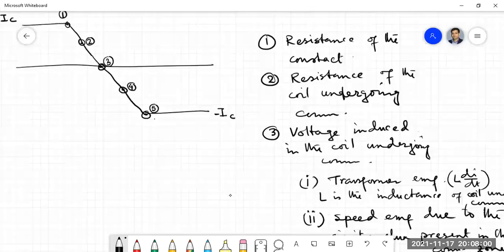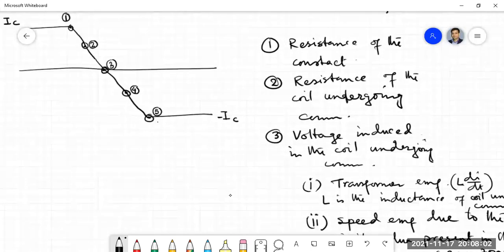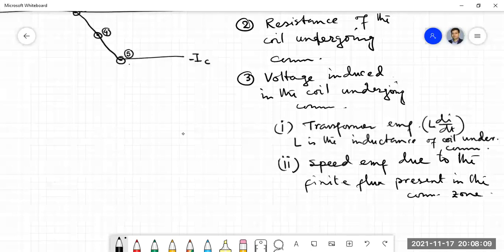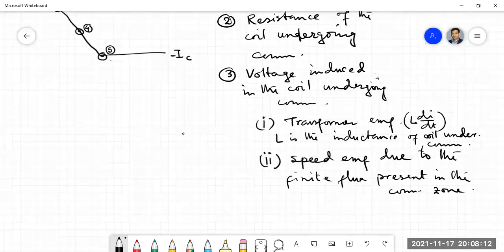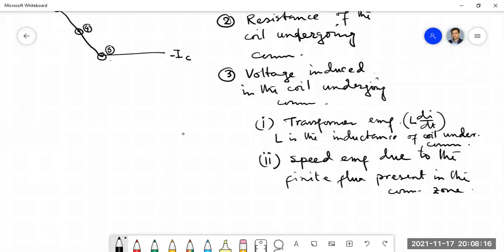Because the current is getting changed. So we are considering the change in current. If there is some change in current, inductance always opposes that change. That is the property of inductance. By property, inductance always tries to oppose the change in current, by inducing a voltage across itself, and that voltage is given by L di/dt, which is called the transformer EMF.